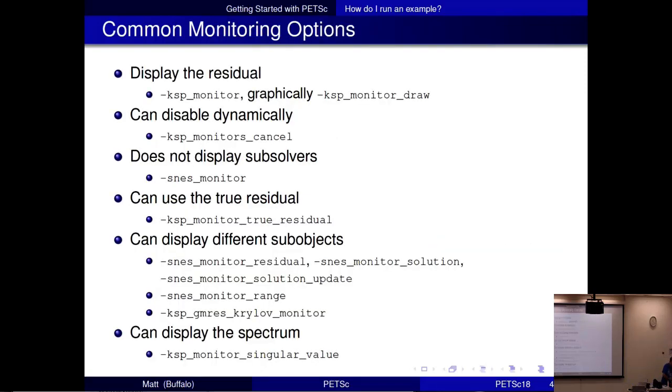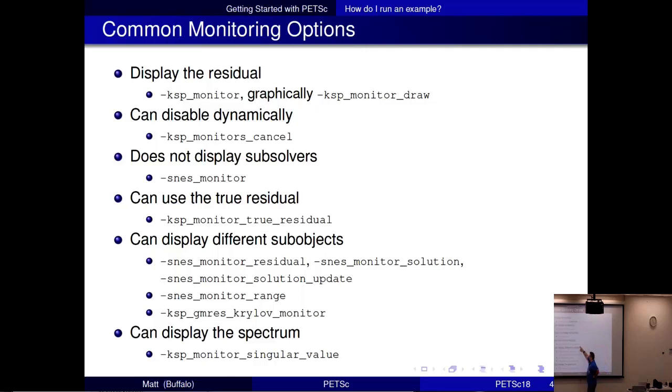There's also monitoring. Viewing is give me a representation of an object. Monitoring is give me a representation of a process. The most important processes that we have are solves, so most of the monitors are about solves. KSP monitor by default will print out the sequence of residuals.